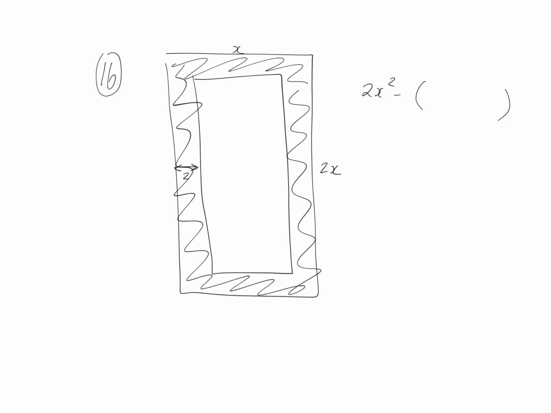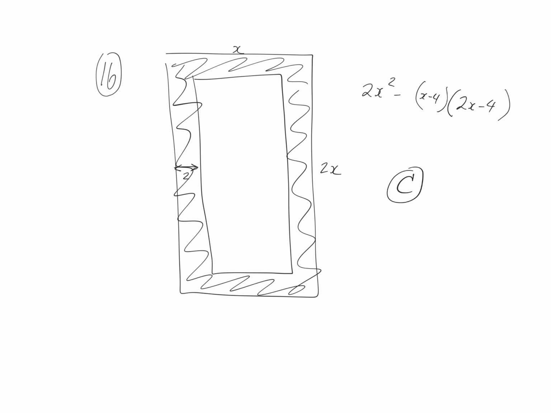So the only choice for this expression here is the area of the inside of the frame. We don't even really care what this is. So then the answer is C, the area in square inches of the inner rectangle. And in here was an x minus 4 times 2x minus 4.